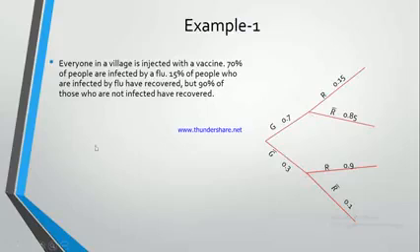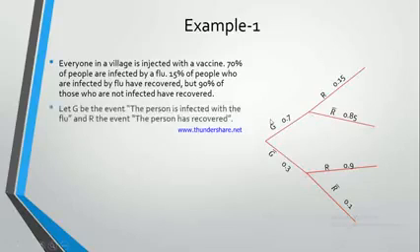And this statement is represented by this tree. So we consider the two events: G, the person is infected with the flu, and R, the person has recovered.